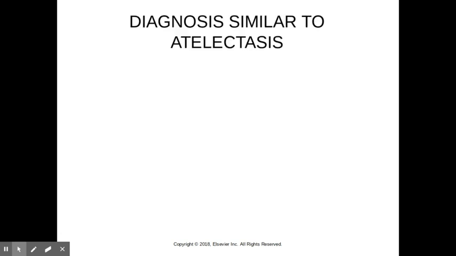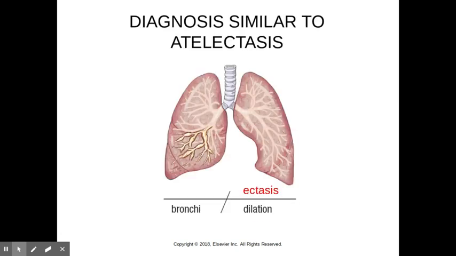Atelectasis. Bronchoscopy, which is similar to the lungs not completely filling up, right? You have the bronchioles, they don't completely dilate. Or, in this case, the bronchi would dilate too much, okay?